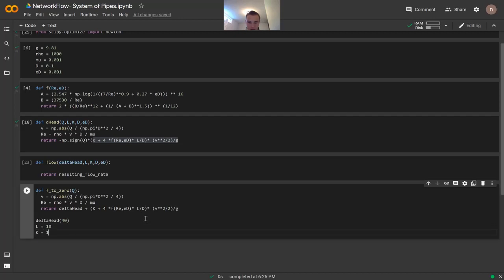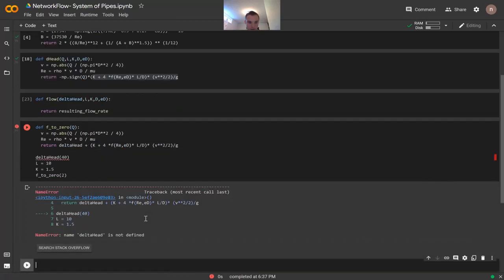K, we can just say like 1.5 again, and then we have our diameter and relative roughness as well, but we can just say f20. And then if we take in a flow, we can just say if the flow is 2, delta head.